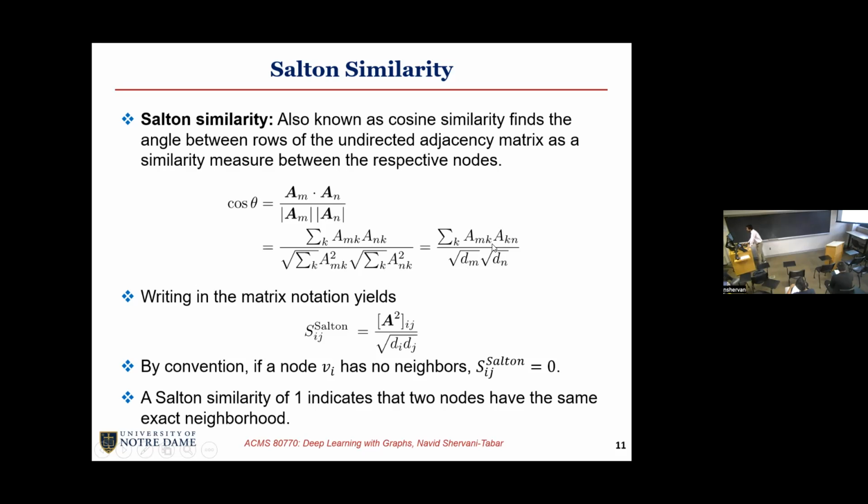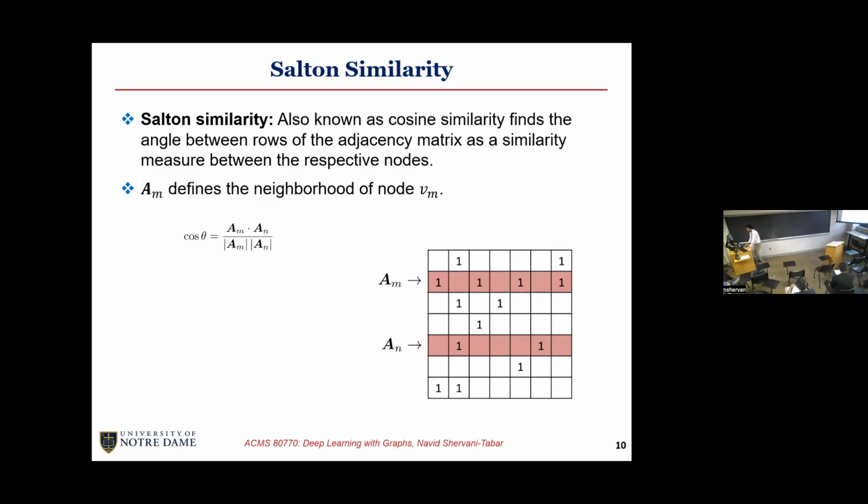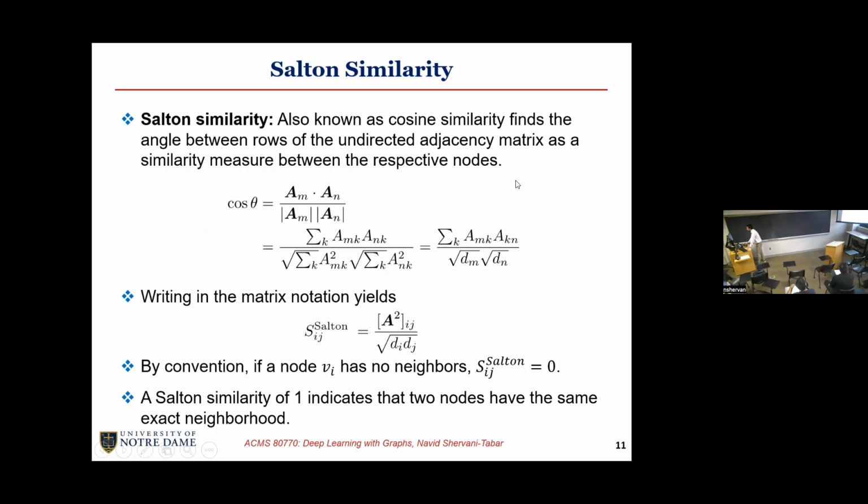Then in the denominator, we have elements of the adjacency matrix. We are finding the size of those vectors, A_m and A_n. So we are essentially summing the squares of those elements, and then we are finding the square root of that.